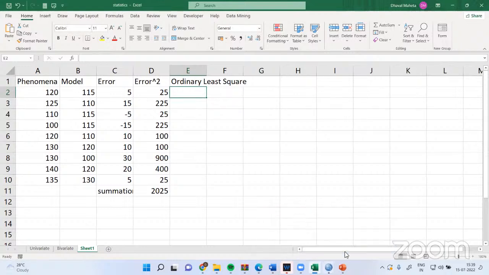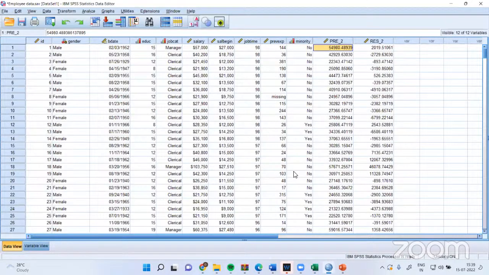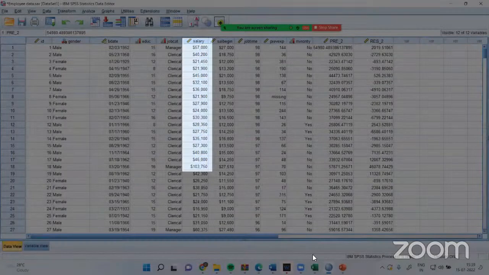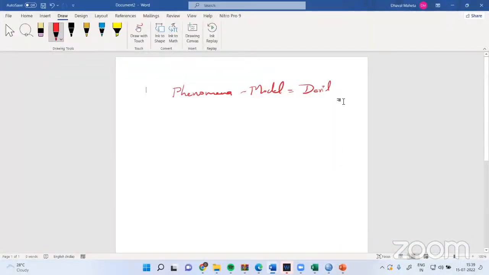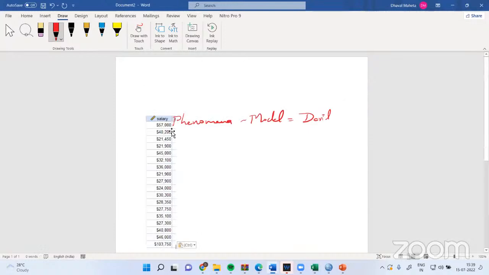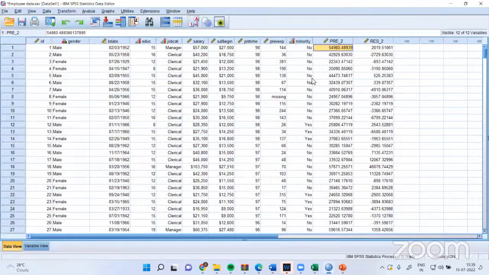So let us take the phenomenon. The phenomenon is salary, right? Then the model is predicted. This is the model.